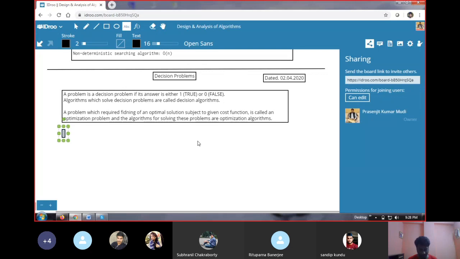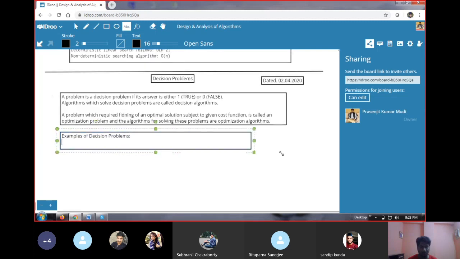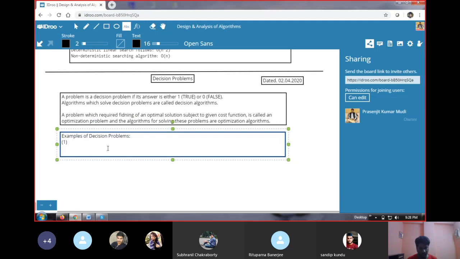Let me give you some examples. Say, in a graph G, we want to find whether there is any Hamiltonian cycle.